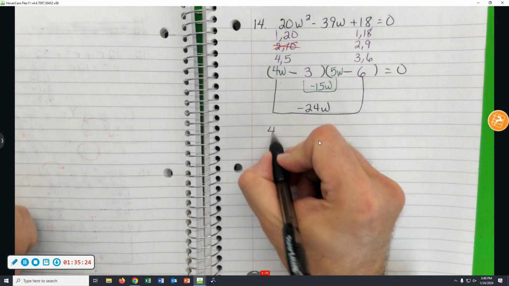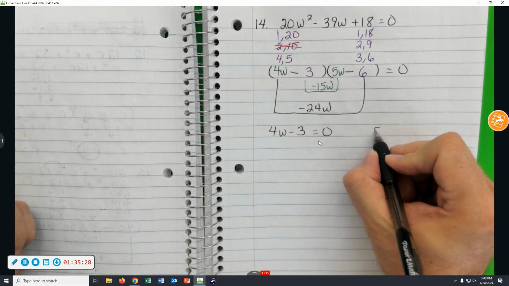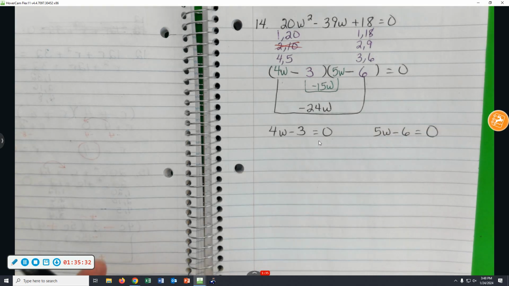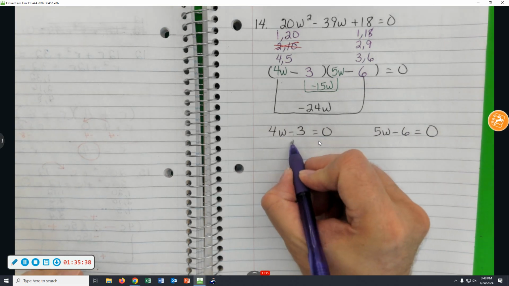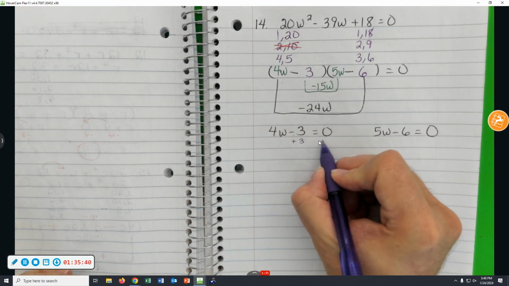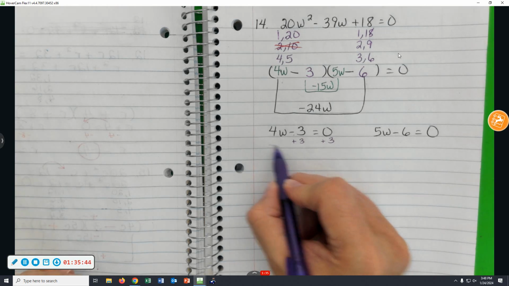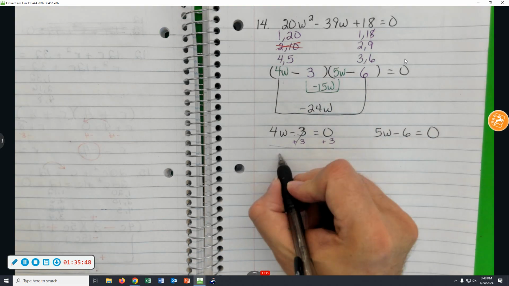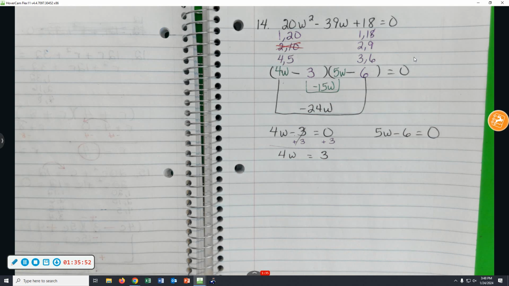Now let's set each factor to 0. And add 3 to both sides. Are y'all caught up with me? So we would have 4W, the 3's are gone. So we have 4W equals 3. And then what do we do?